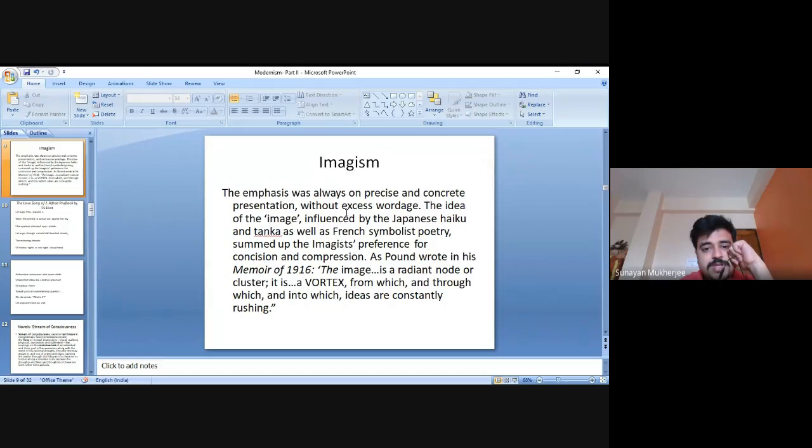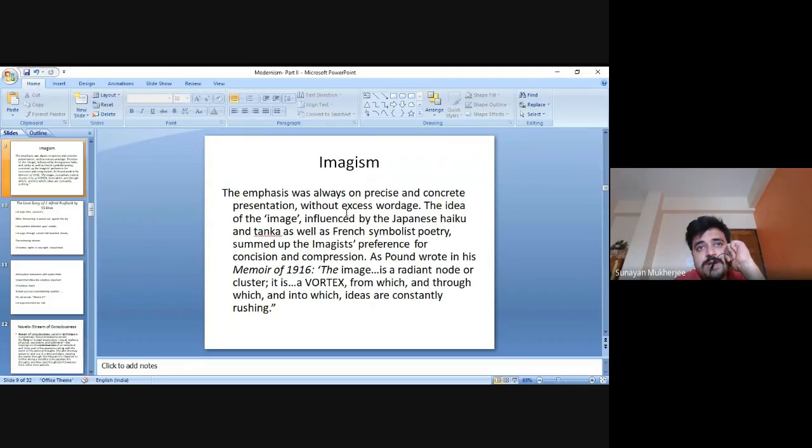The idea of the image, influenced by the Japanese haiku and tanka as well as French symbolist poetry, summed up the Imagist's preference for concision and compression. So the Imagists always believed in concision and compression. What is concision? You have to use a very minimum amount of words, and compression is you have to pack those 3 or 4 lines.